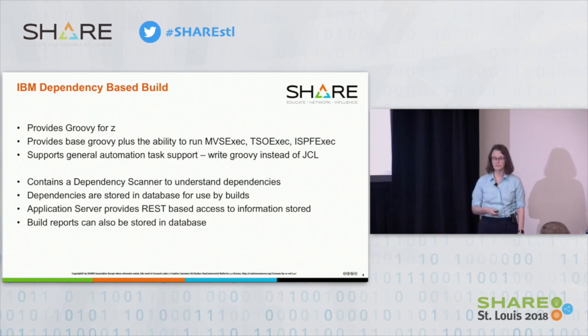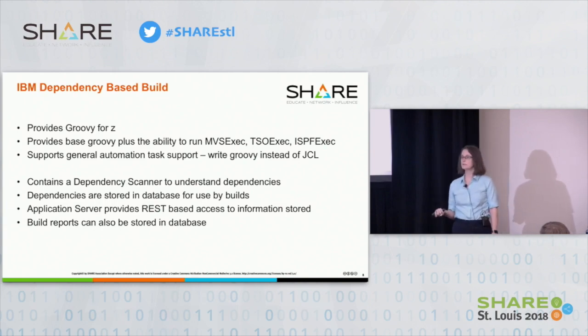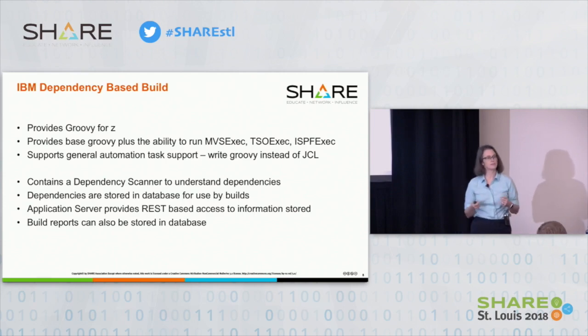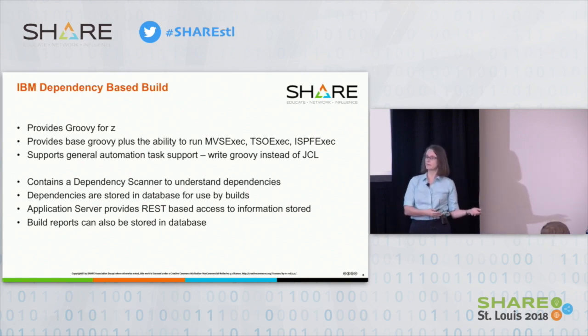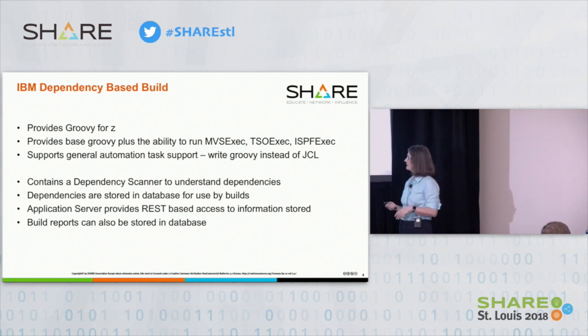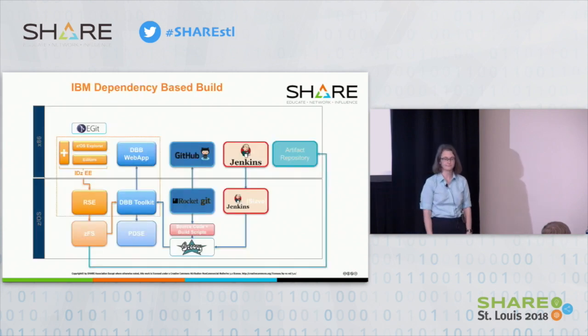We'll store this dependency information so you can use it for future builds. You could also use it to query. So you could have a script to allow developers to query the system to say, what are my dependencies? You can also do the reverse. So if you, for example, change a copybook, what are all the programs that are affected by that copybook change? So you get both sides of the picture.